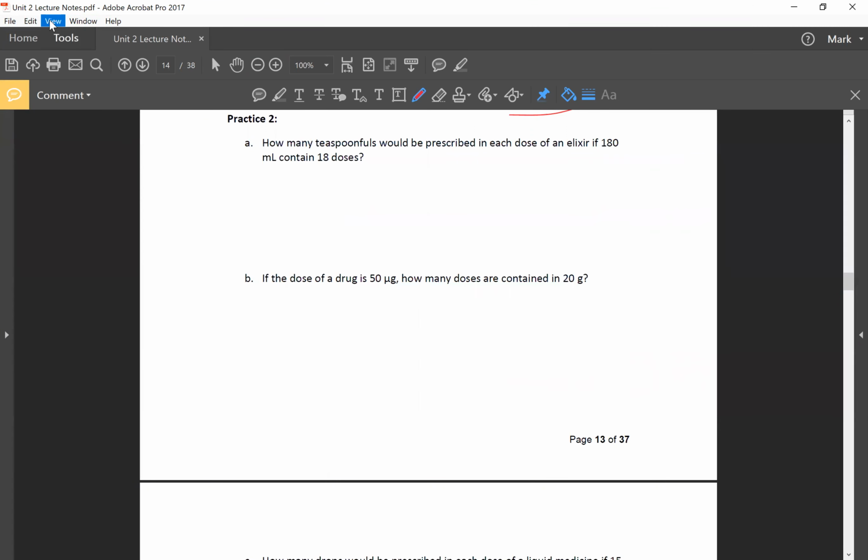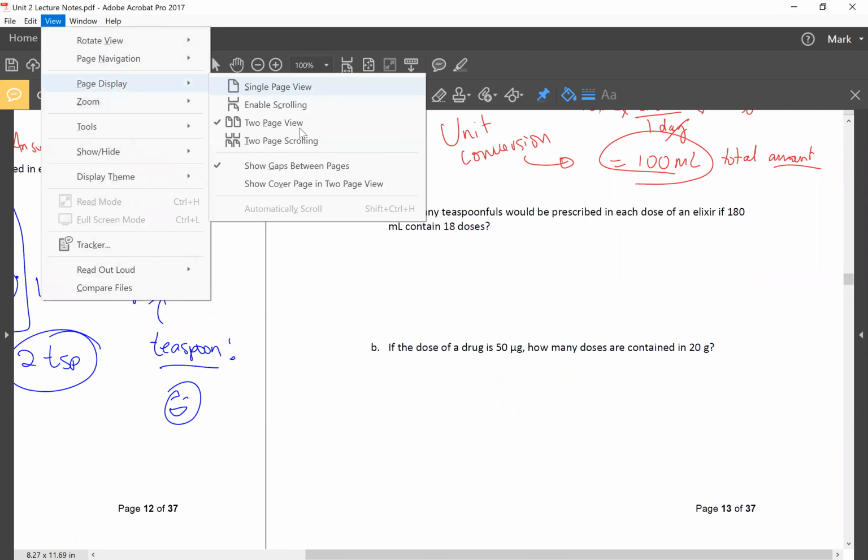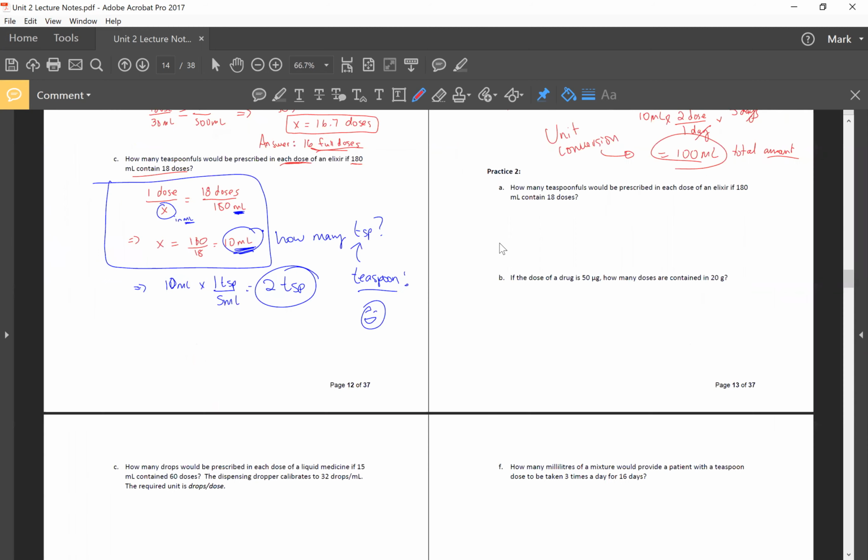It's not going to work. That's all right. Why don't you guys try A, B, and if you can see it, C. I don't know if you guys can read that. I hope you can.